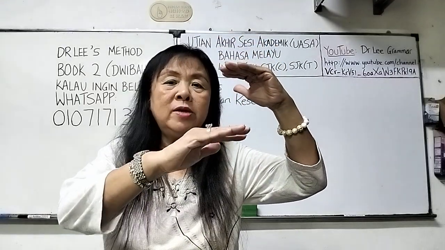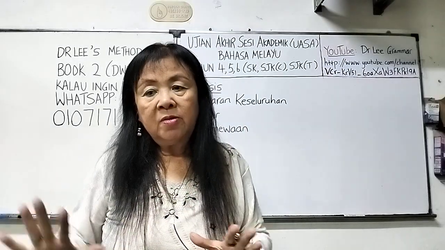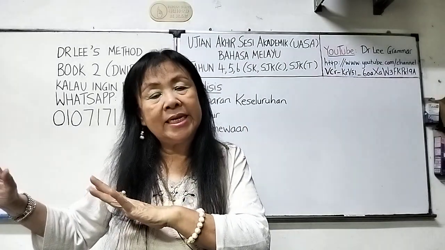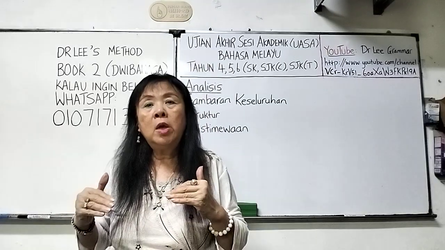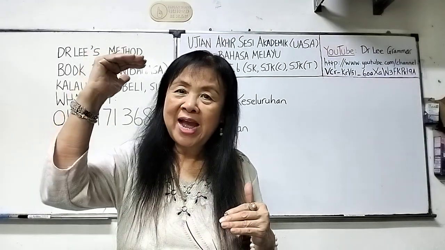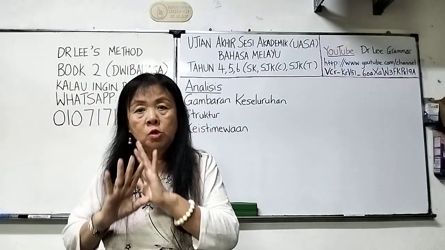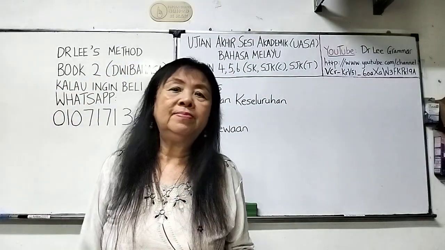So for Bahasa Melayu, the standard will be a bit lower. It's the same for SJKT. The Tamil school students would have Tamil language at a very high level because it's the first language. Okay? For UASA, there's no such thing.